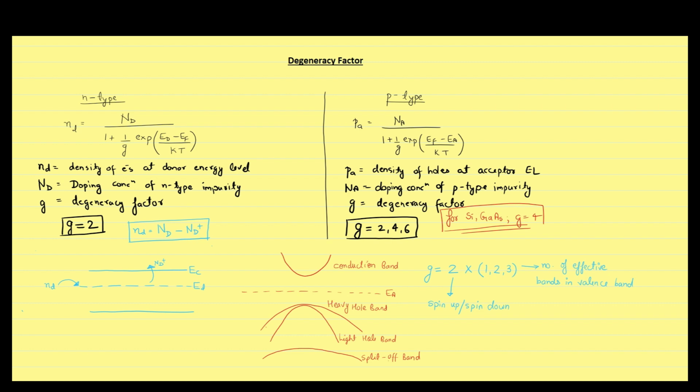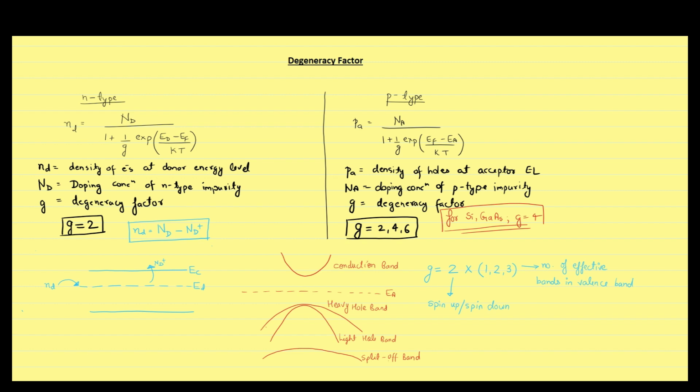It means that if the doping concentration is Nd, then Nd plus represents the concentration of impurity atoms which are ionized, and smaller nd represents the remaining number of electrons which are actually present at the donor energy level. We know that there is only one possible stable state in the energy band gap, which is ED.